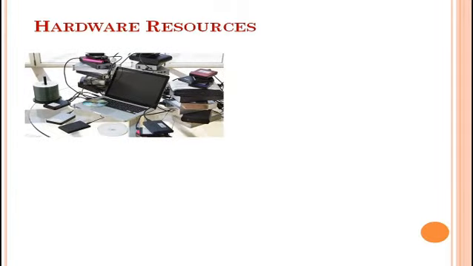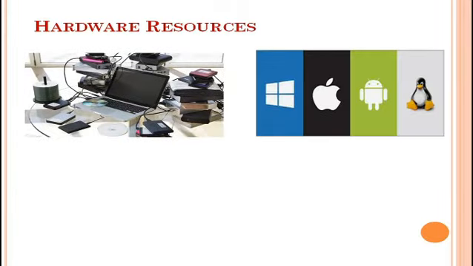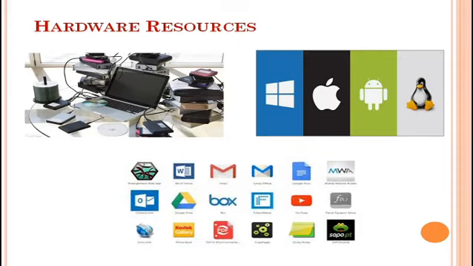Coming to the hardware resources, the system architecture of a computer is represented by three nested circles: the hardware, operating system, and application software, which was shown in the figure. The modern computer system demonstrates its power through efforts by hardware resources, an operating system, and application software.